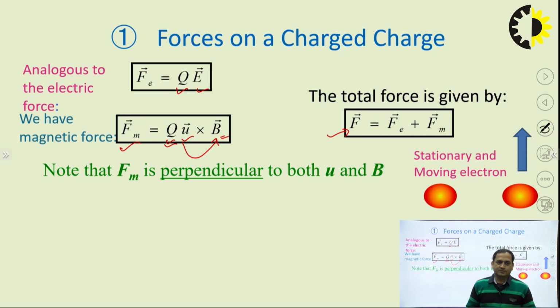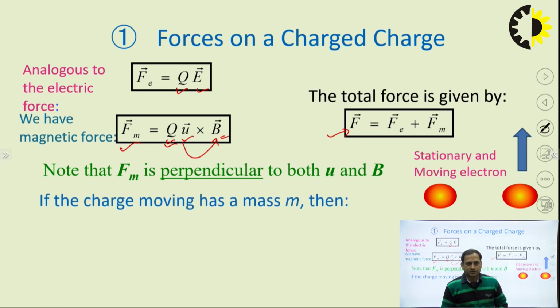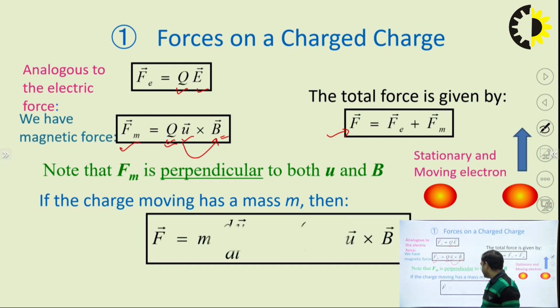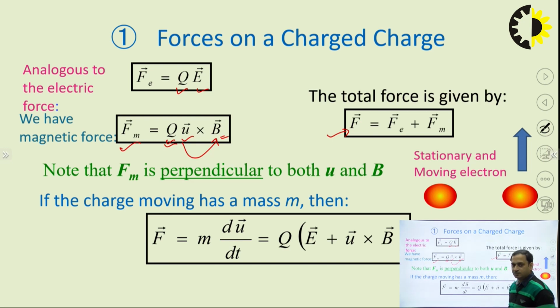So Fm is perpendicular to both U and B. Okay, if the charge has mass M, then the total force becomes M into A, where A is the acceleration, defined as du upon dt.